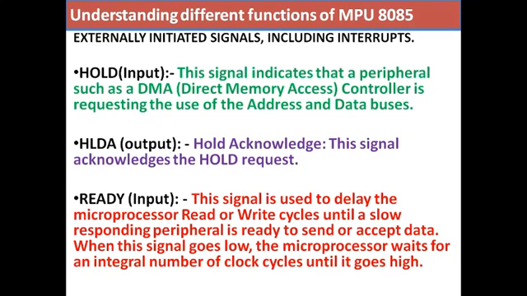So the signal is used to delay the microprocessor's read and write cycle until a slow responding peripheral is ready to send or accept data. A slow peripheral can use this READY terminal to deliberately slow down the microprocessor so that the read and write cycle happens properly.